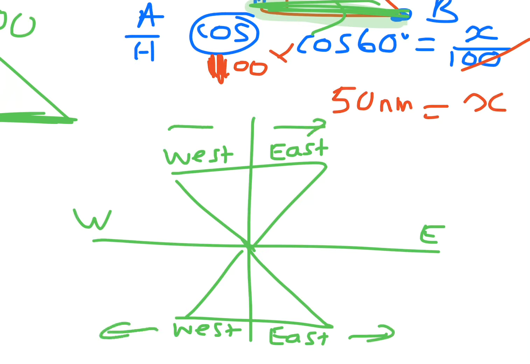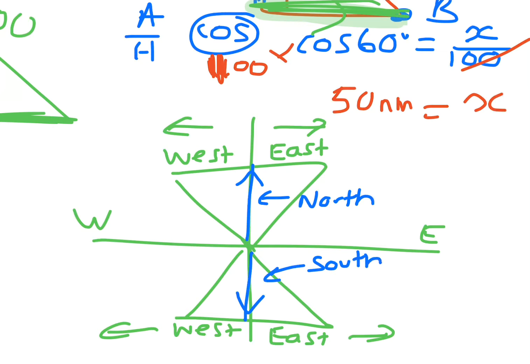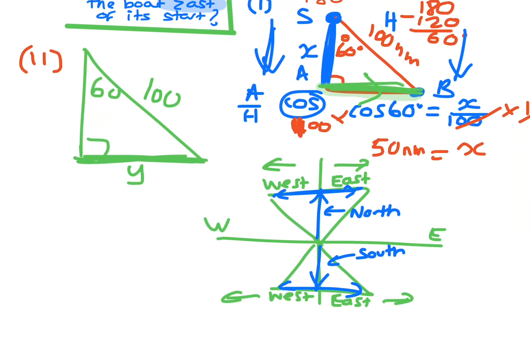So it's a direction along that line. And then if you want how far north and south, there's how far north. North is going up that way, and how far south is that way. That's a direction. So you want to do how far east or west, or how far north or south.